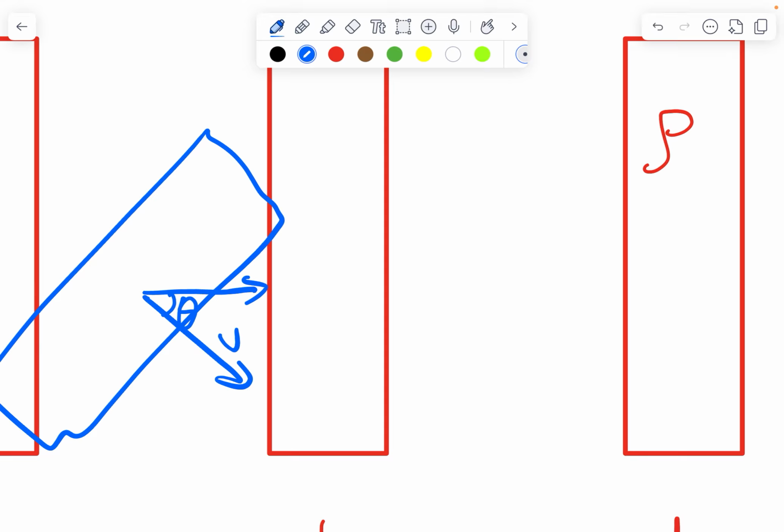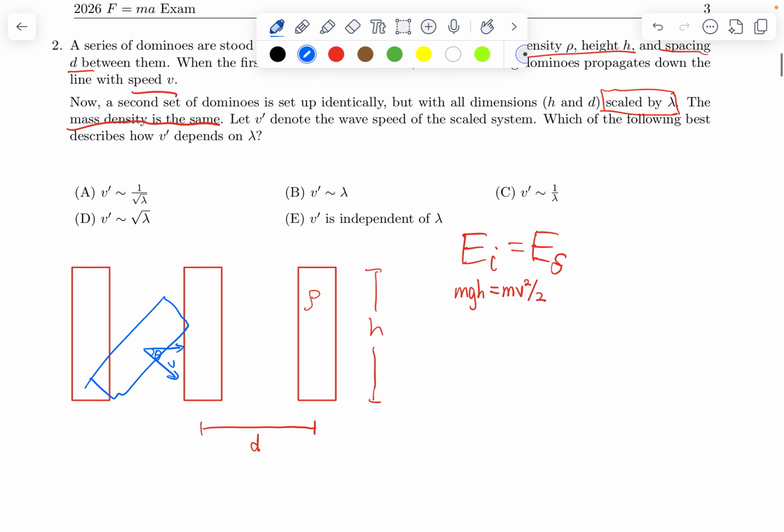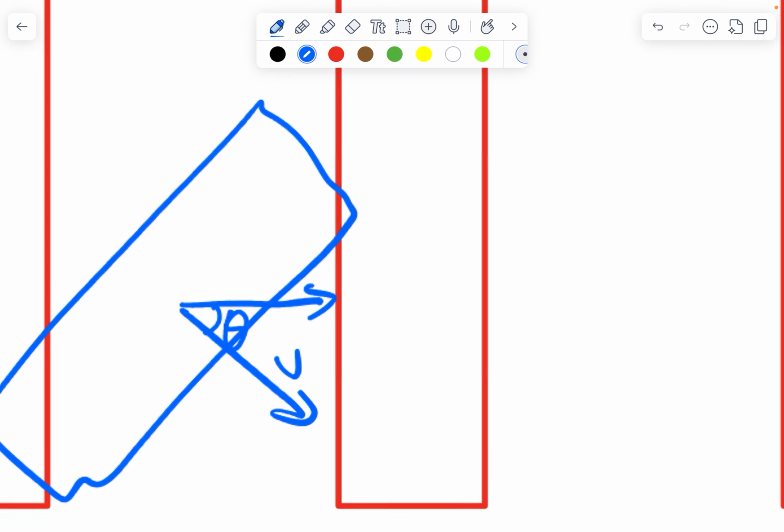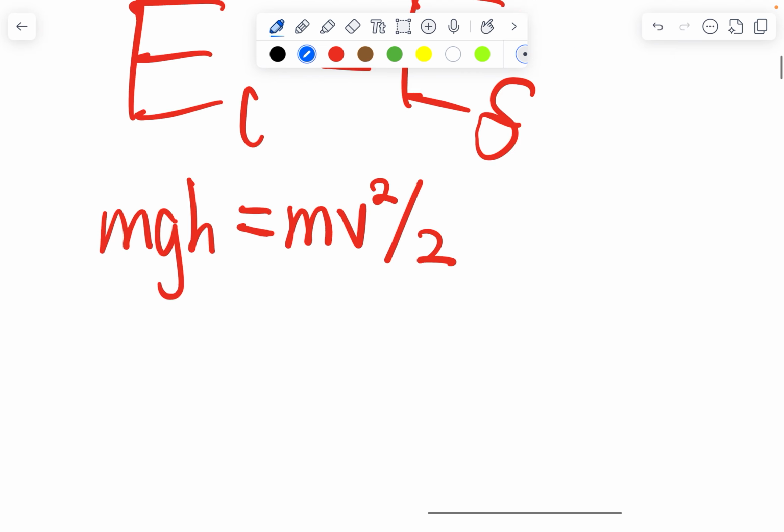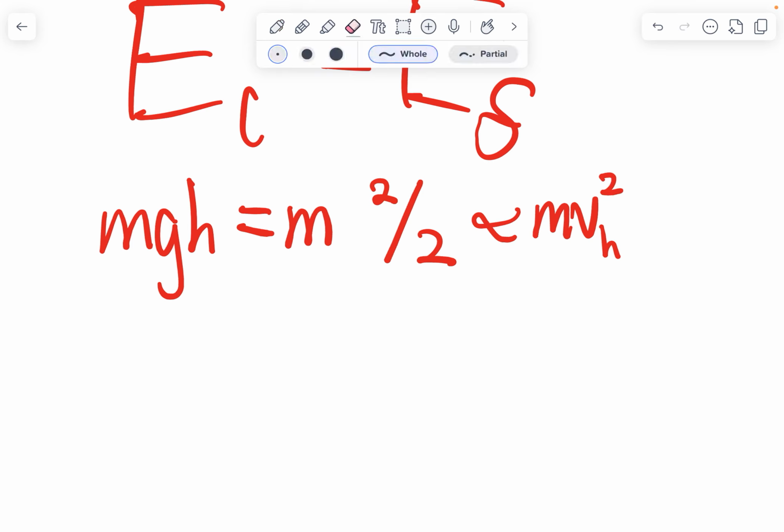And since theta is always the same, because if it's scaled, angles still stay the same, that means the v horizontal is gonna be proportional to v, okay? So that is proportional to m v horizontal squared.